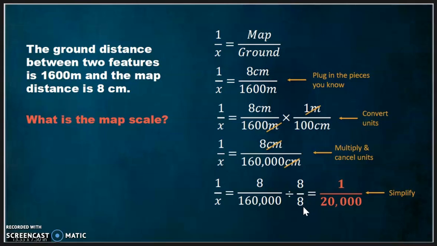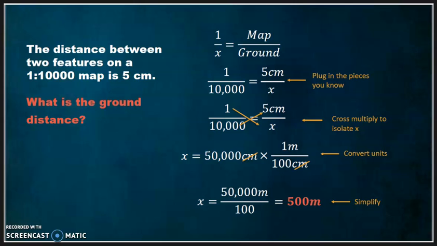So we have that 8 over 8 fraction. 8 divided by 8 is 1. And then we'll cross divide. So we're crossing these two out. And we get that numerator of 1, and then we divide these two, 160,000 by 8, and we're getting that 20,000 number here. So now we know that our map scale is 1 to 20,000 units.